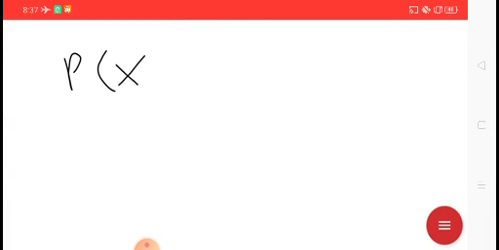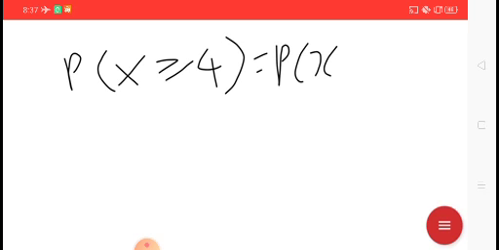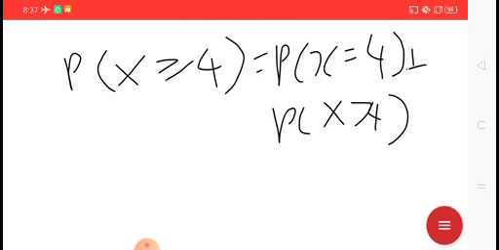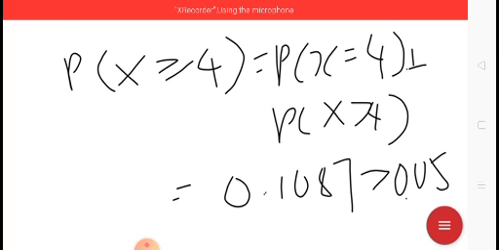So the next step will be P(X larger than or equal to 4), so we need to include the 4 this time. You should put in the values, and you should get 0.1087. You can see that this one is larger than 0.05, while just now that one was smaller than 0.05. So this is no longer inside the critical region.